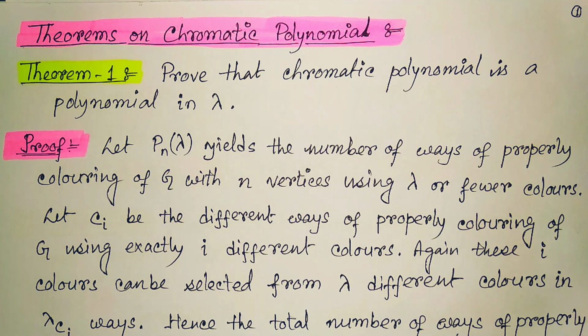Now out of these lambda colors, if we choose any i number of colors to color the graph properly, then there are some Ci different ways.